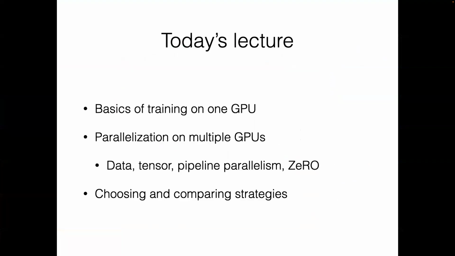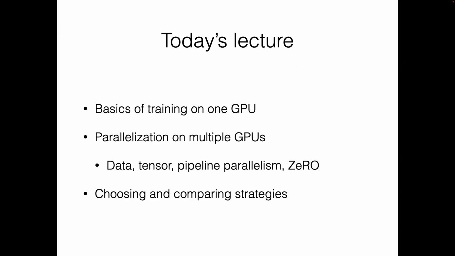And so in today's lecture, I'll introduce some core ideas just on a single GPU. And the ideas will apply to multiple GPUs, but maybe it's simpler to just introduce them that way. Then we'll talk about some of the major strategies for parallelization on multiple GPUs. So data parallelism, tensor parallelism, pipeline parallelism.